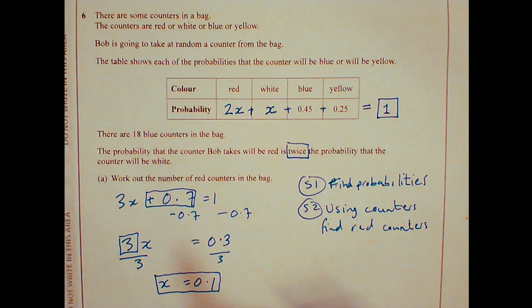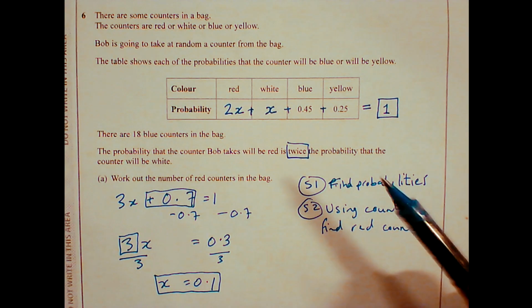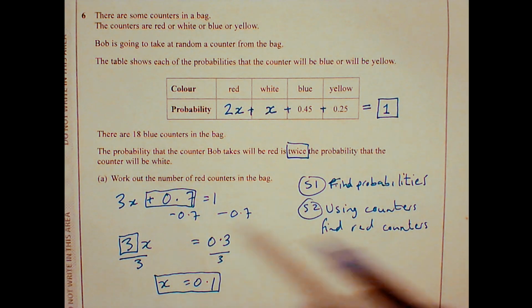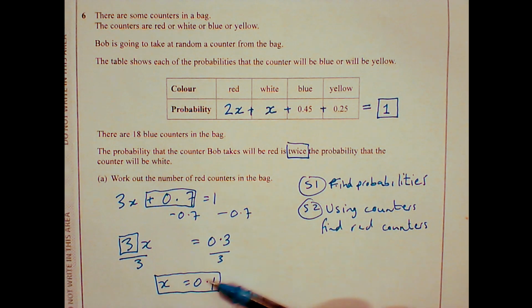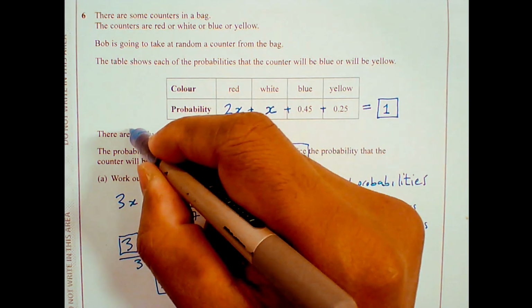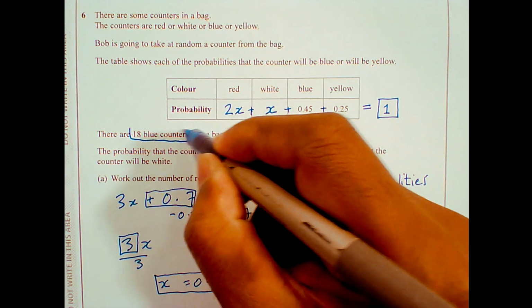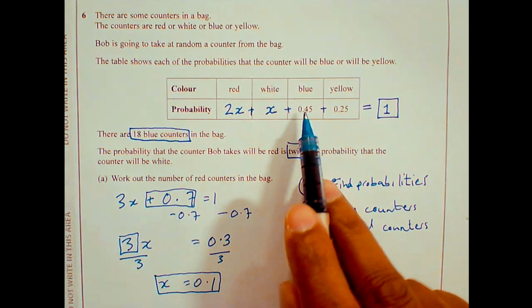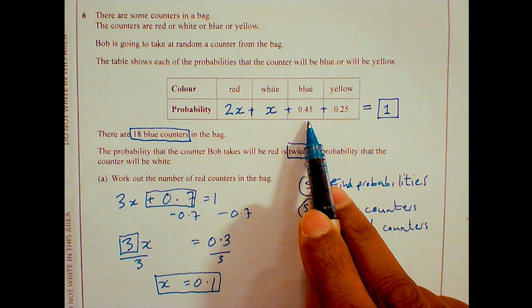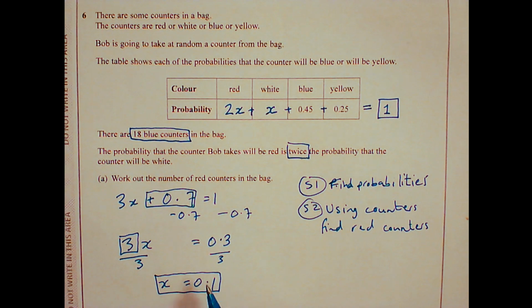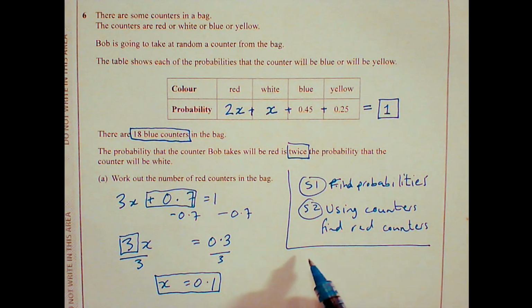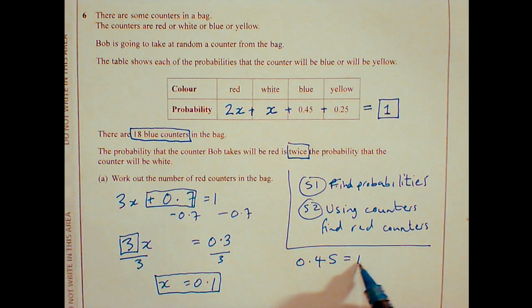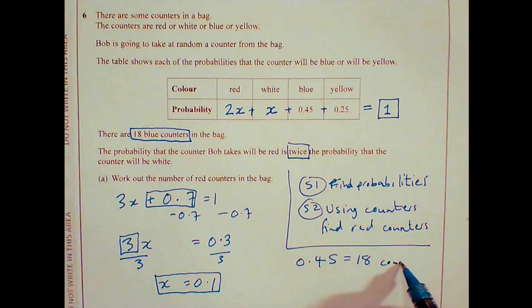So I've got my probabilities here. Now I need to find out how many red counters there are. If I have 18 blue counters, that is a probability of 0.45. So I need to find out what 0.1 would be. So 0.45 equals 18 counters.